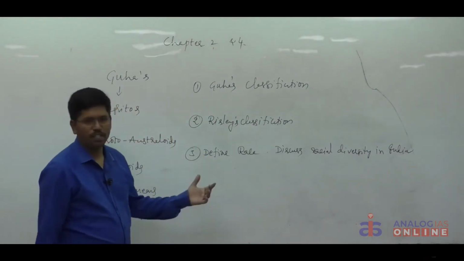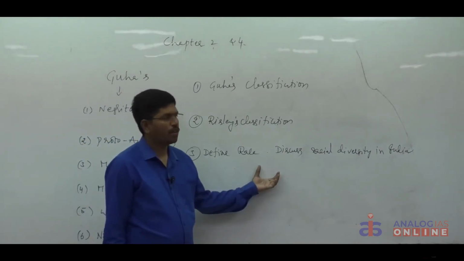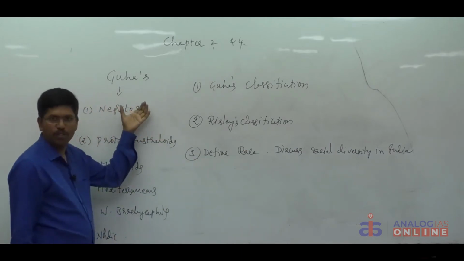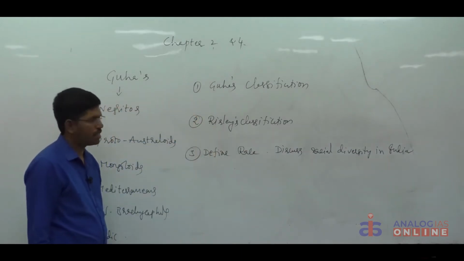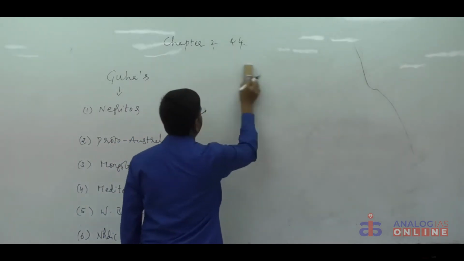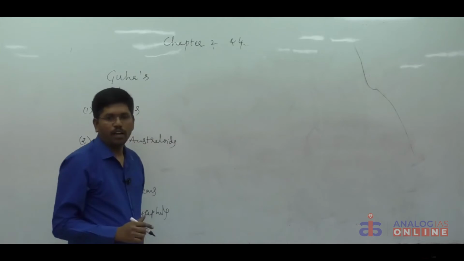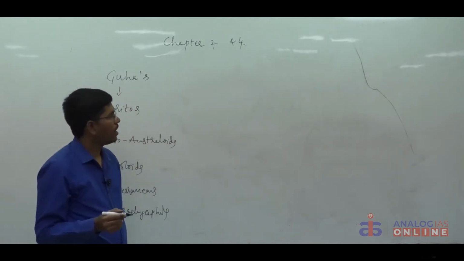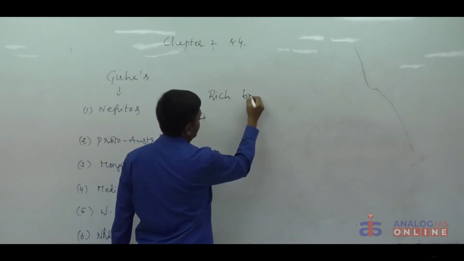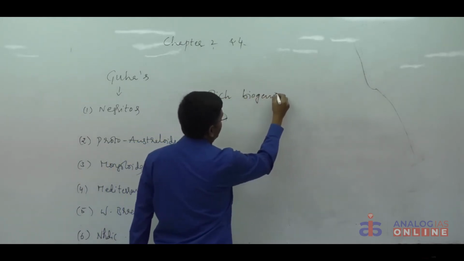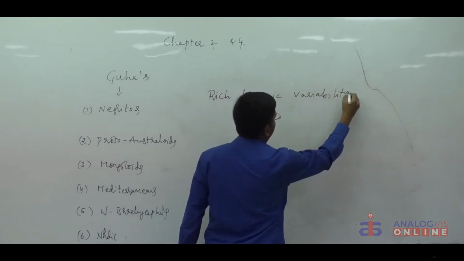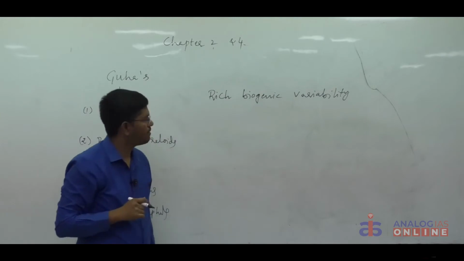Racial diversity means in India we have a number of races. Then you can explain the racial diversity either by using Guha's classification or by using Risley's classification. Most of the times questions will be asked like this: Indian population represents a rich biogenic variability.